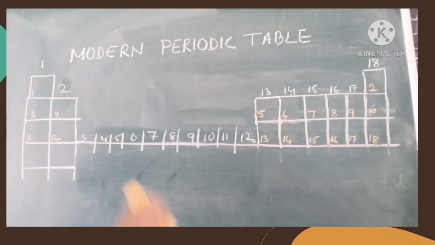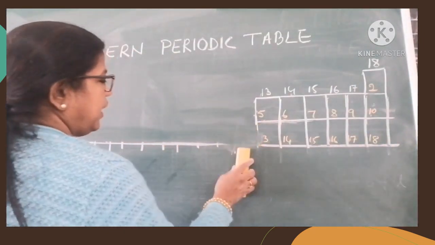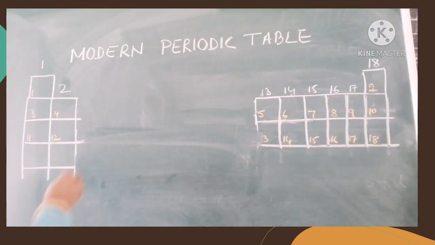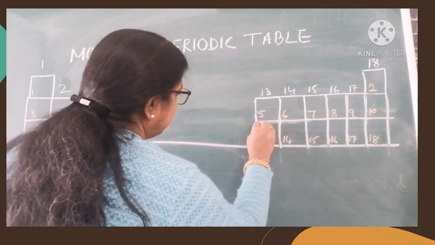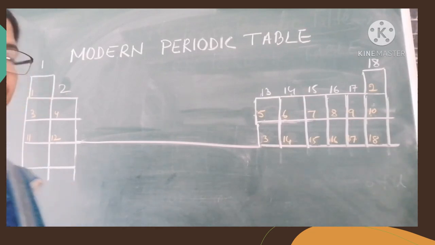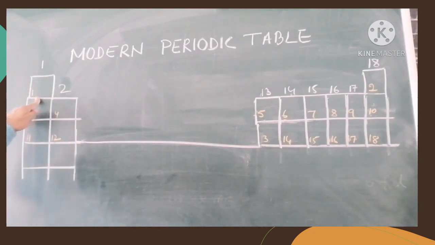So here you can say the elements are filled in the increasing order of the atomic number to study the position of 20 elements. As you learned already in standard 9 about the atomic number of the first 20 elements, the element with atomic number 1 is known as hydrogen. Hydrogen will come in group 1, first period.